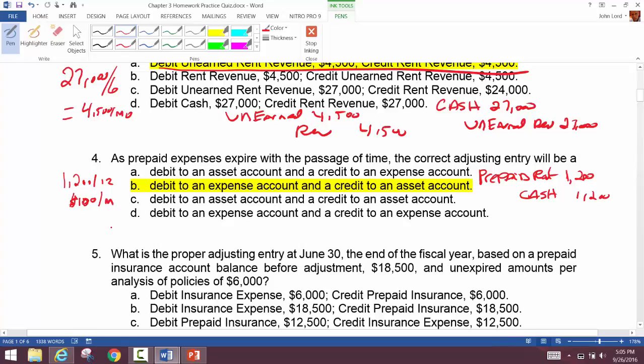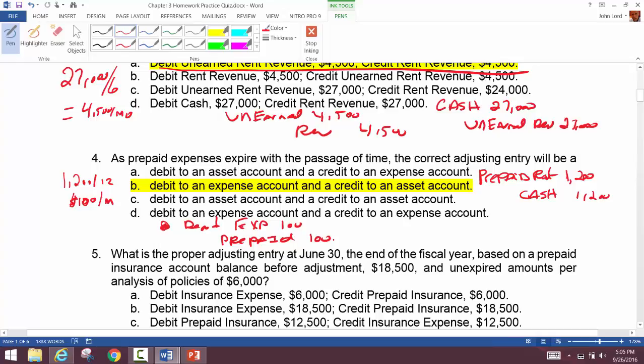Okay, and so for that first month, you would debit rent expense $100 and credit what? Credit the prepaid rent because you've expired a month of that, haven't you?